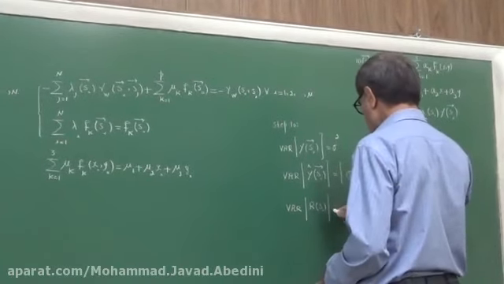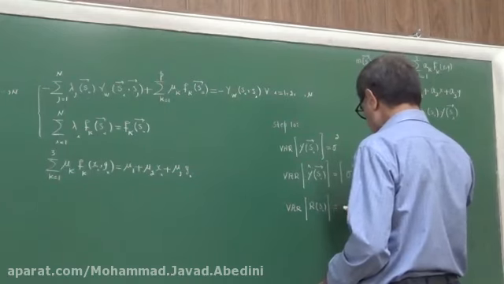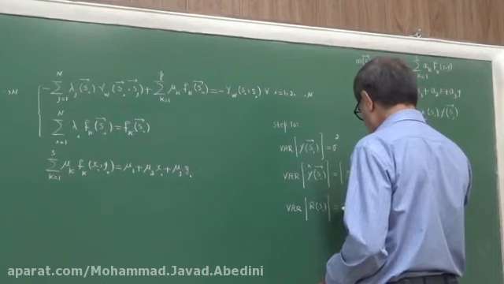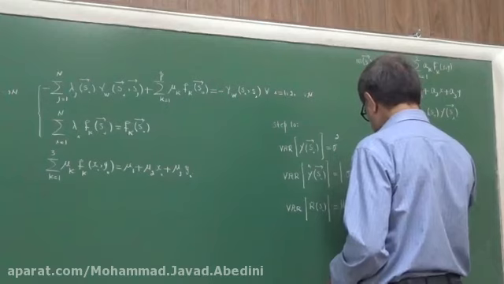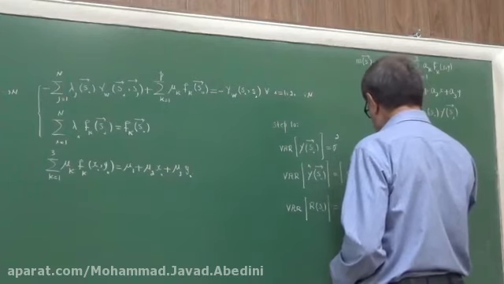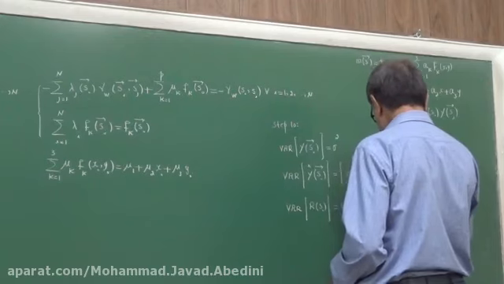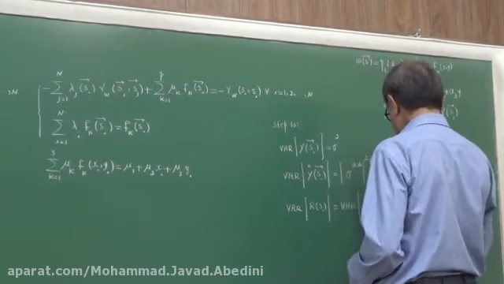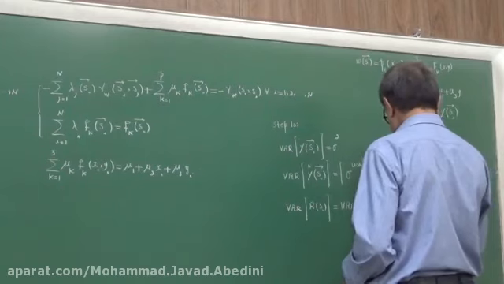Variance of R S0 could be written as variance of the estimated value of y at a point which is not sampled minus the true value of y.